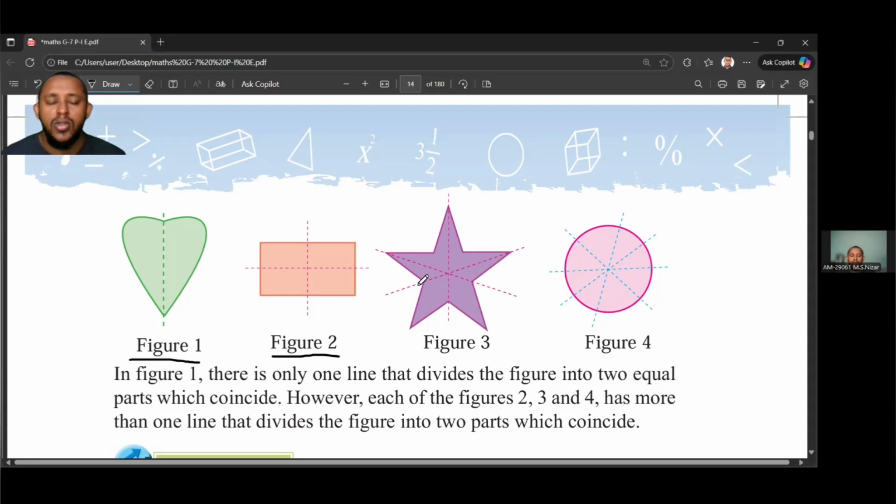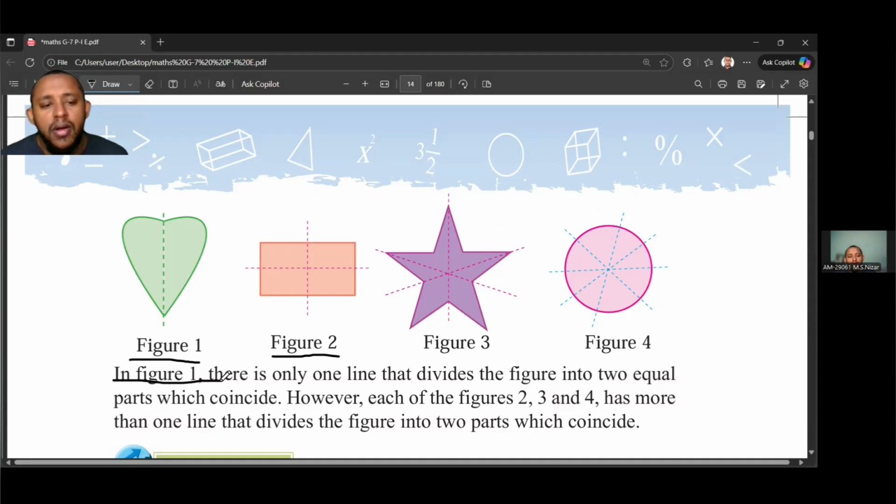Through those dotted lines, you can fold it, and you will be able to find equal parts once you fold it. Now even a circle has many dotted lines.